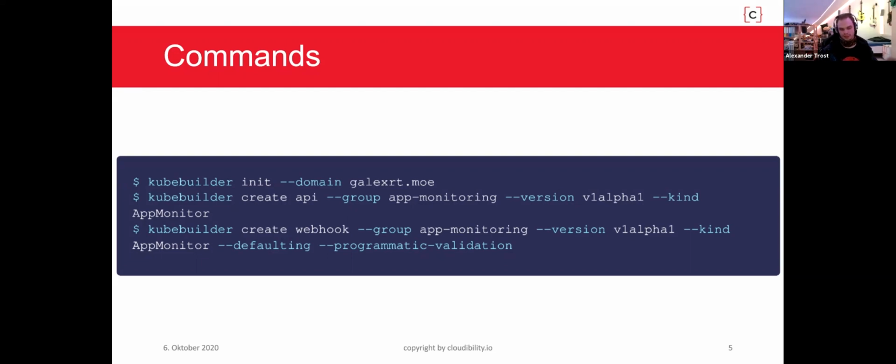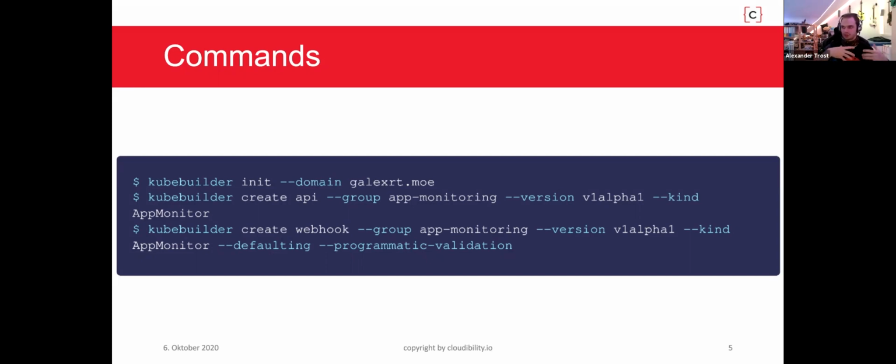And then the second command here, kubebuilder create api. With that, you can create the whole CRD. In this case, I'm creating a CRD called AppMonitor as version v1alpha1 in the group appmonitoring.